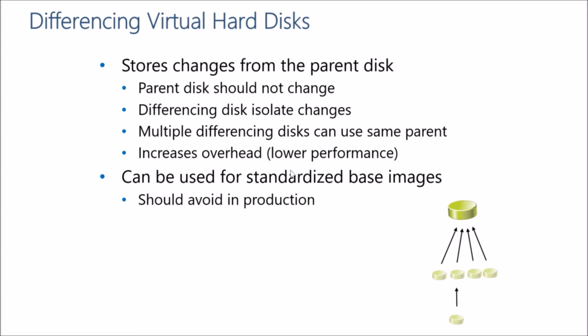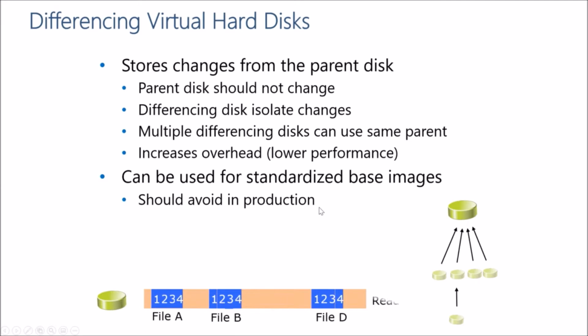If we have a standardized base image which has a certain type, certain setup, certain configuration, then we can clone many other virtual machines. Or it could be a standard base image where we take a snapshot and do a full clone, and then from here we go on and specialize it like we do with the domain controller and so forth. Okay, but it should be avoided in production. So they're using this, the golden master.